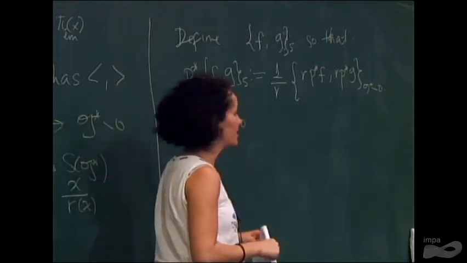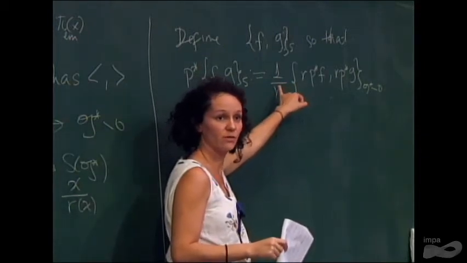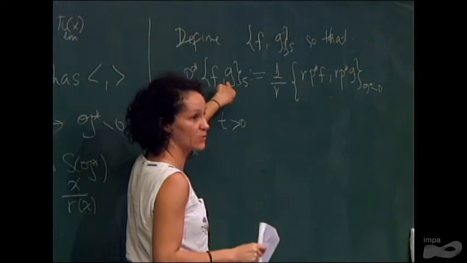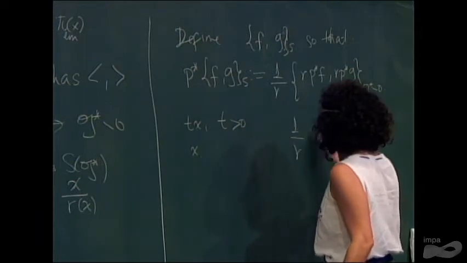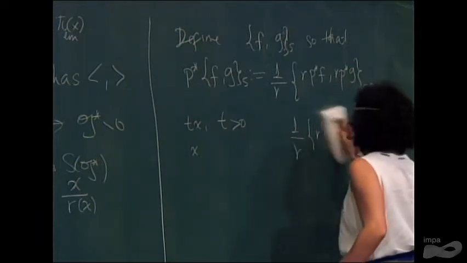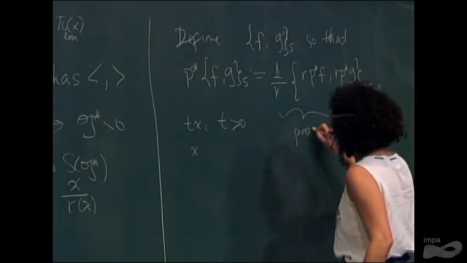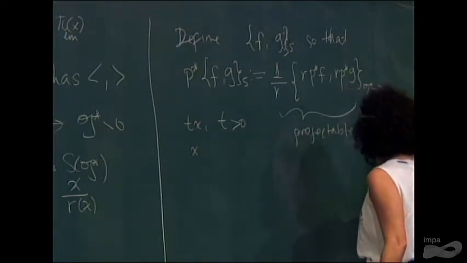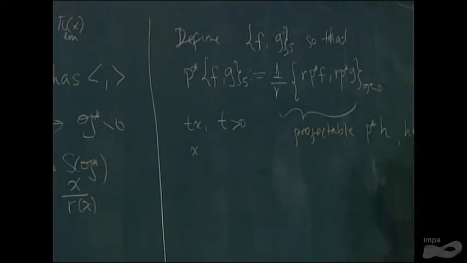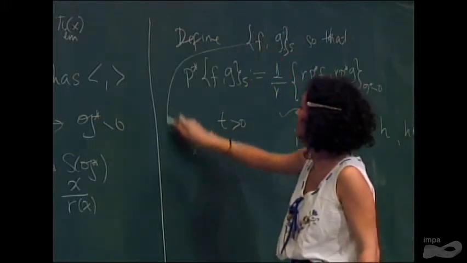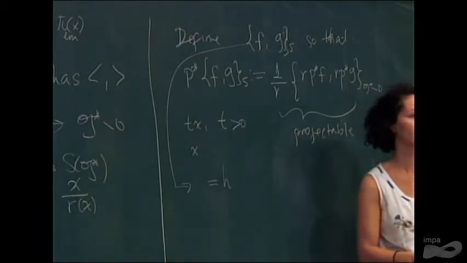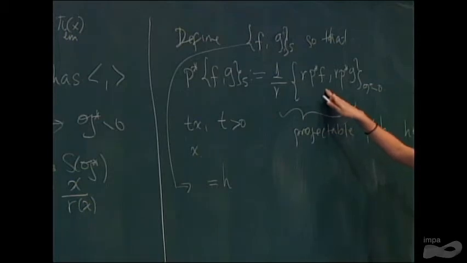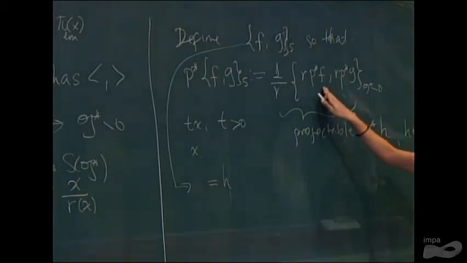If you check that, then this function is projectable, meaning it's the pullback of a function on the sphere, and then you define this bracket as H. So there is only this thing that you have to check, and this is straightforward from the definition.